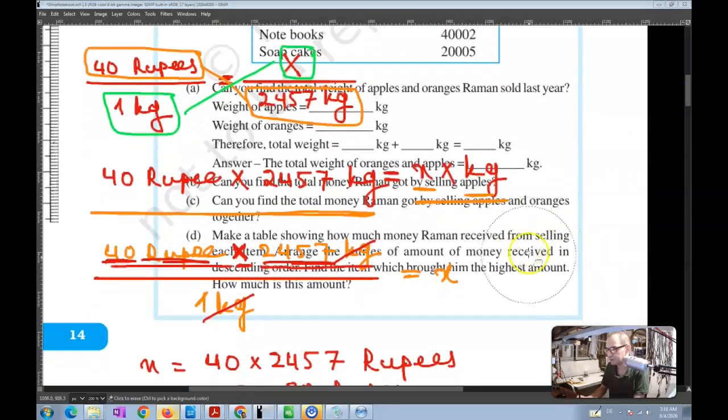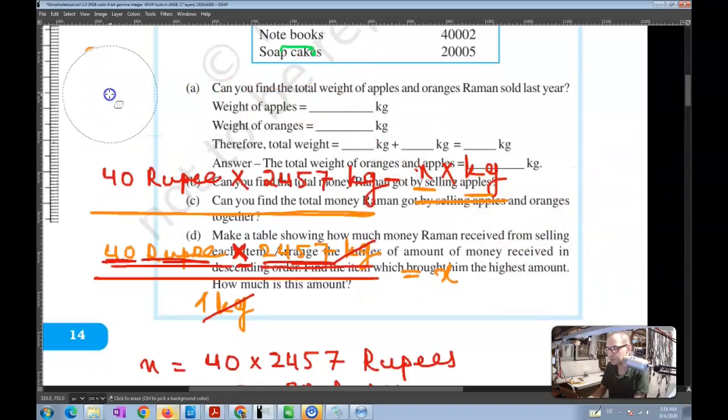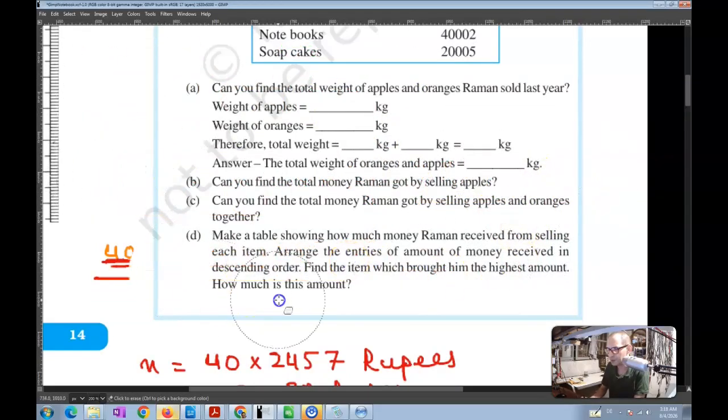And now let me see what we have here. So that's the total money Rahman got by selling apples, for example, right?